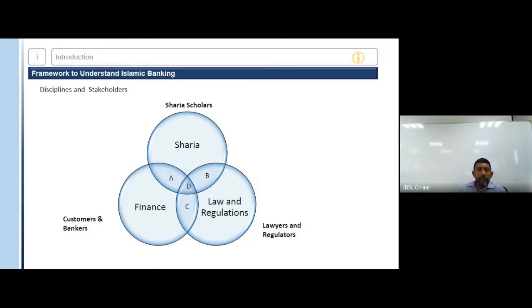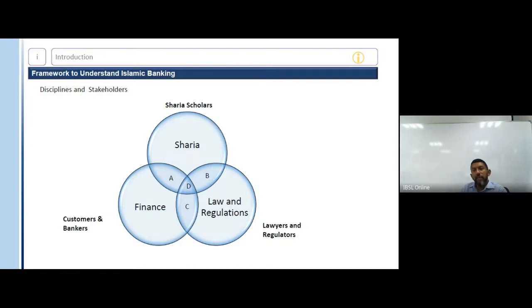Right. So the framework to understand Islamic banking is to understand the three disciplines that interact when we talk about Islamic banking. Those three disciplines are finance, which is represented by the stakeholders, customers and bankers; laws and regulation, again represented by lawyers and regulators; and Sharia scholars, who represent the Sharia principles.